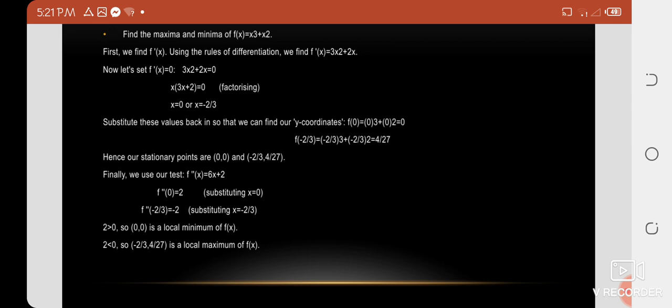Hence, our stationary points are (0, 0) and (-2/3, 4/27).